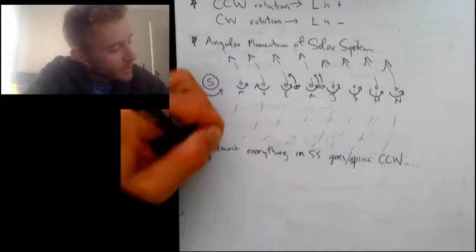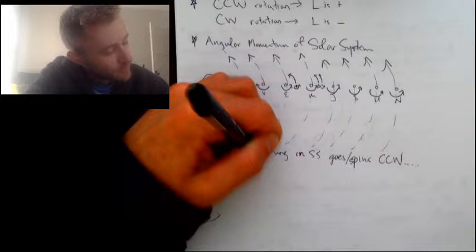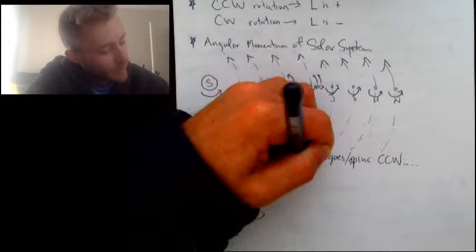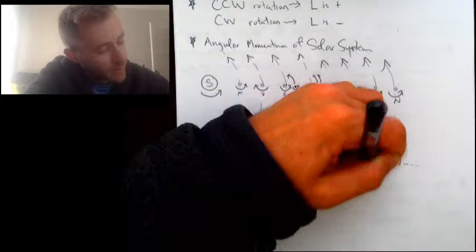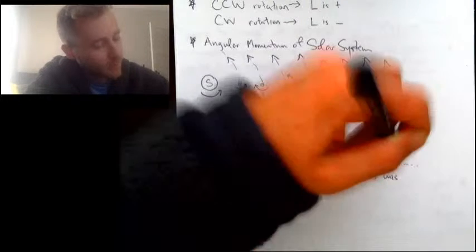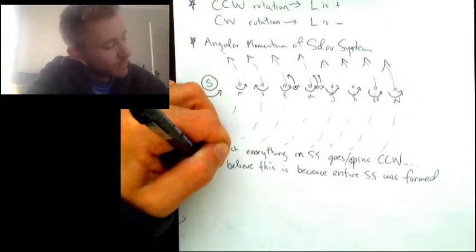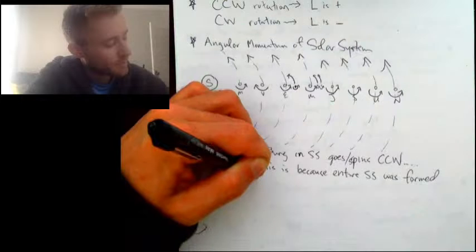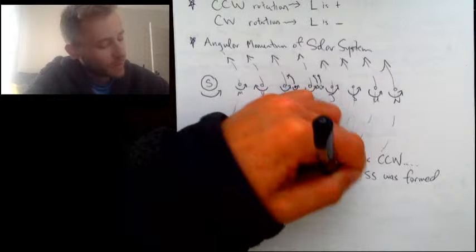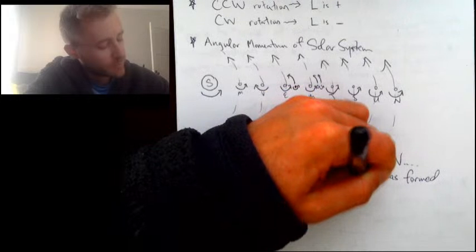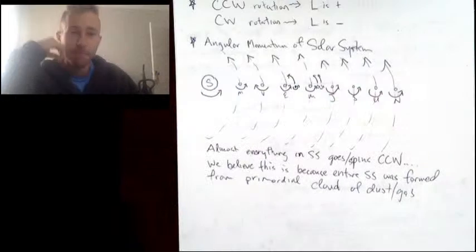We believe this is because the entire solar system was formed from a primordial cloud of dust and gas. Okay?